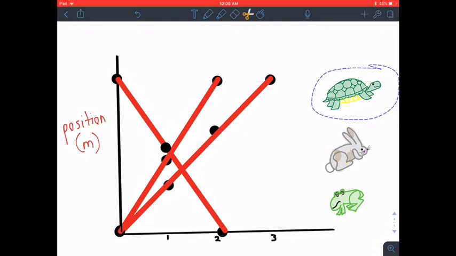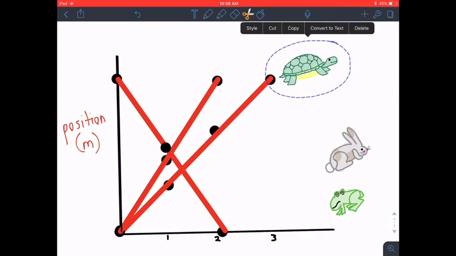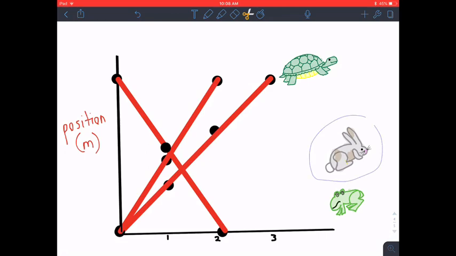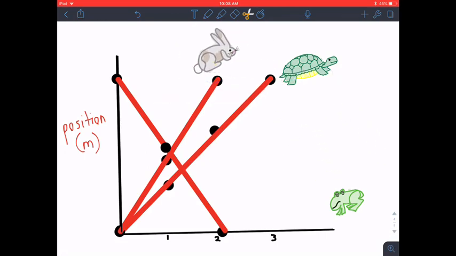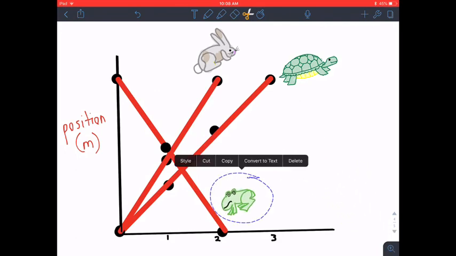Remember, the slope of a position graph is the velocity. The turtle would be here. It has the lowest slope and the least velocity. The rabbit would be here. He has the highest slope and the most velocity. And our frog will be here. He has a negative slope. He's going in the wrong direction.